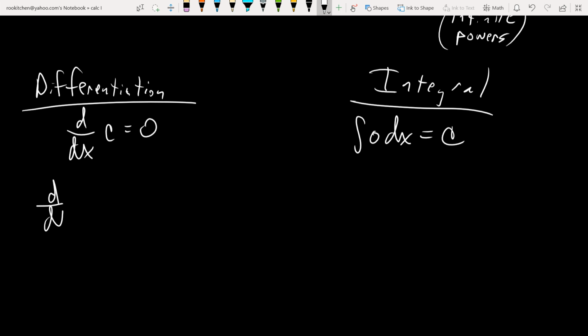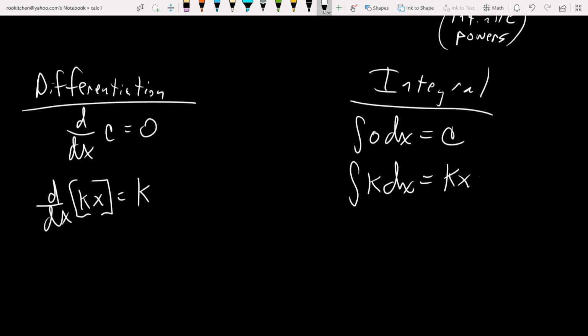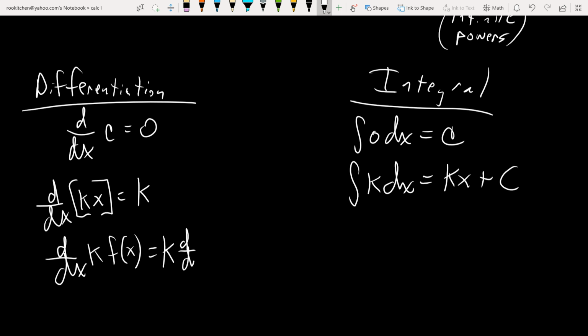You know the derivative of a constant times x is equal to just the constant. So therefore, the integral of a constant must be equal to k times x, but you always have to plus c it. The derivative with respect to x of k times f of x is the constant multiple rule: you can pull the constant out of the derivative.